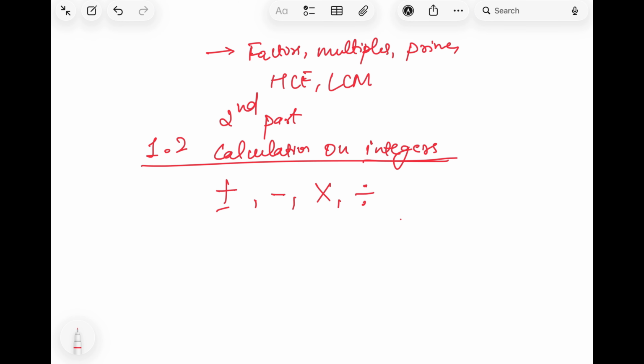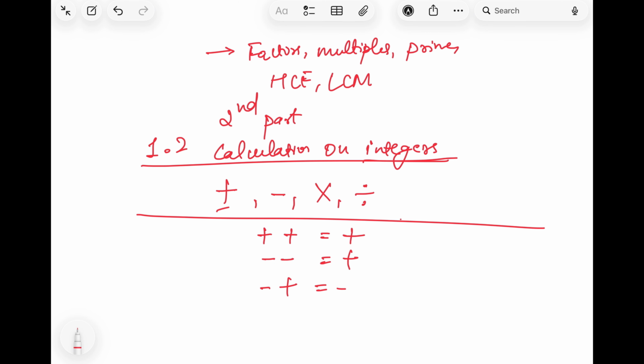When we talk about calculations, in positive numbers the calculations were very simple. We used to add, subtract, multiply and divide. But when we perform calculations on integers, we need to follow four rules which are very important. So I will write down those four rules. Plus times plus gives plus, minus times minus gives plus, minus times plus gives minus, and plus times minus gives minus.